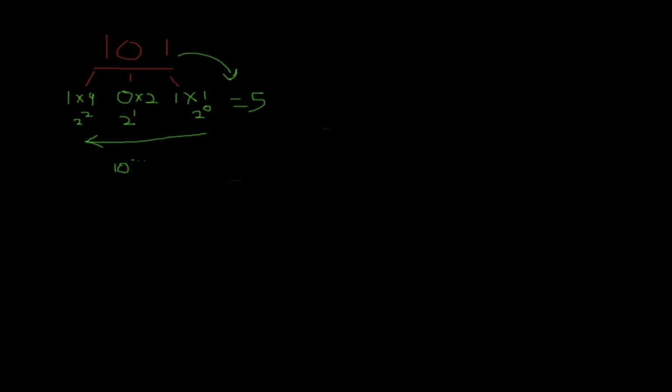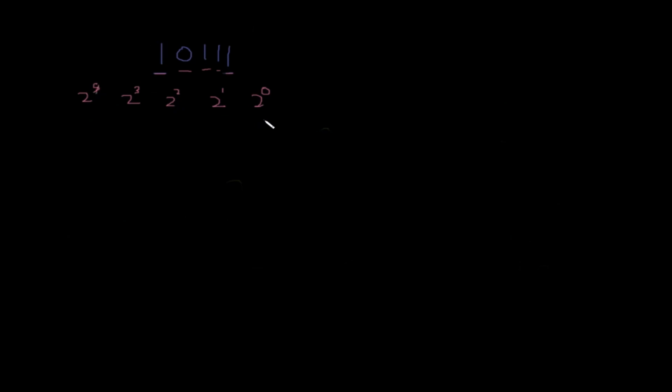Let's take another example to grasp this concept better: 1, 0, 1, 1, 1. What does this number represent? First we will write down all the 2 to the powers: 2 to the power 0, 2 to the power 1, 2 to the power 2, 2 to the power 3, and 2 to the power 4. Then let's write this binary number again, which represents the bundles of these powers of 2.